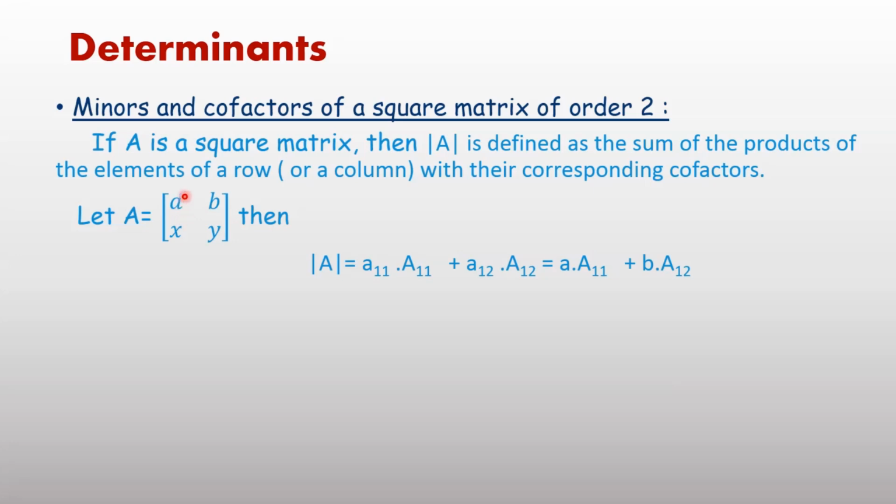A into the cofactor of a is A11, plus b into its cofactor is A12. So multiply the element with its cofactor, the second element with the second cofactor, add them, and that is the value of the determinant.